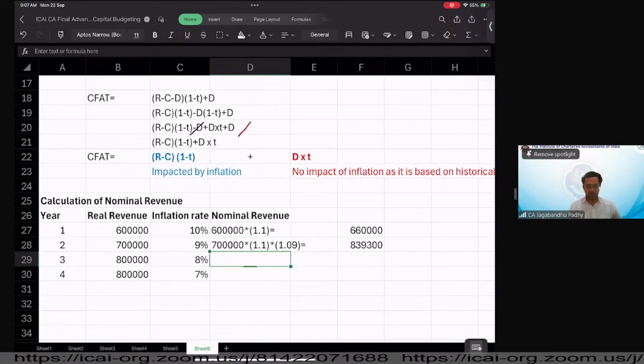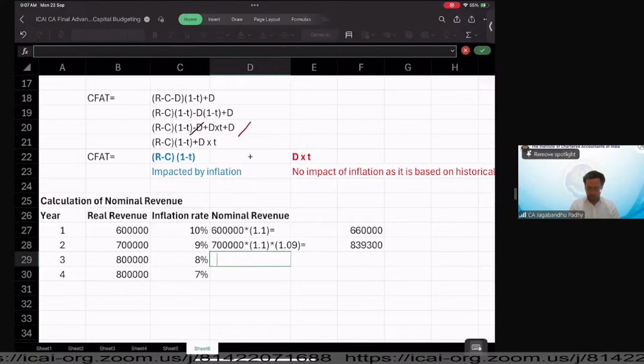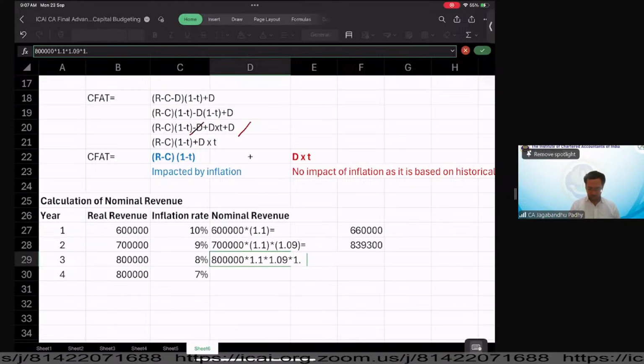Same way for the third, it's going to be 8 lakh multiplied by 1.1, again multiplied by 1.09, again multiplied by 1.08.